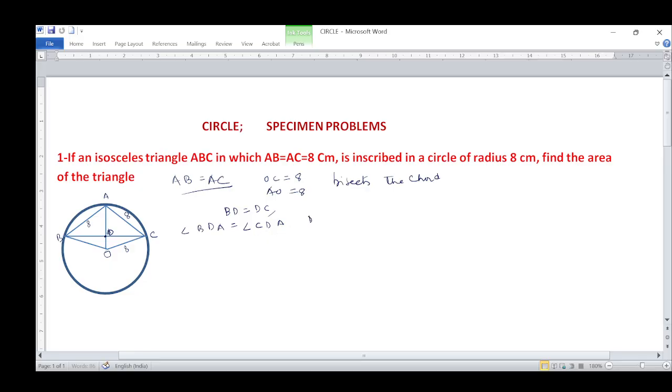DA is common, BA is equal to AC. So these two triangles, triangle ABD is congruent to triangle ACD.